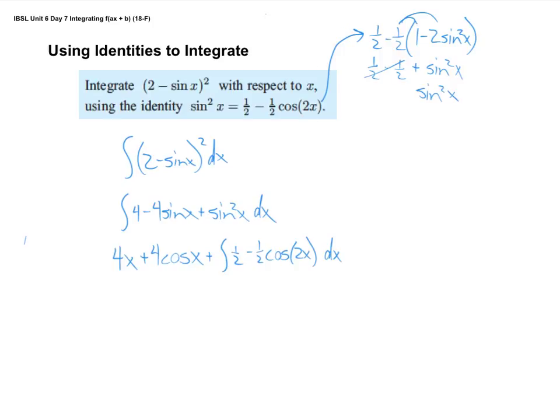On the test, usually for IB level stuff, they would probably give you something like this and say, show that this is true first, so you're doing this, and then use it down here. Do we have that in our formula booklet? The cosine of 2x? Yes. This identity is not in there, but the cosine of 2x equals this is in there.